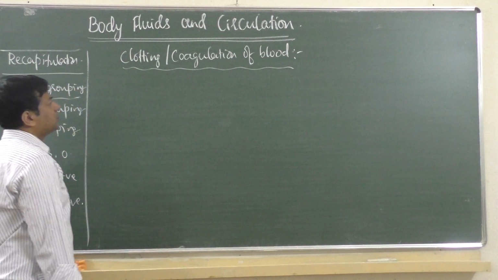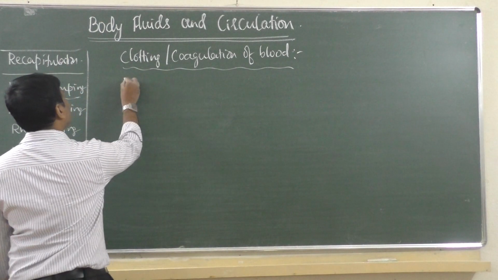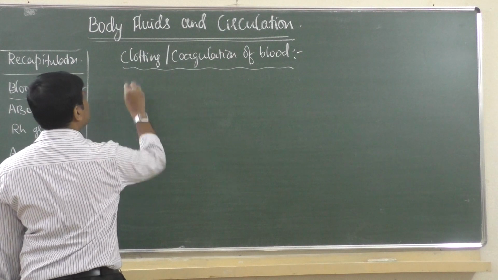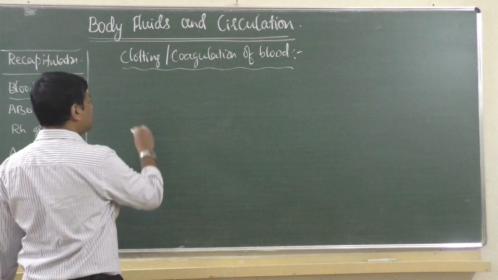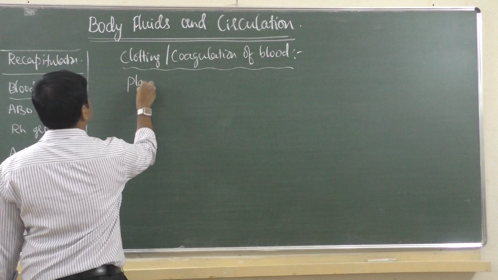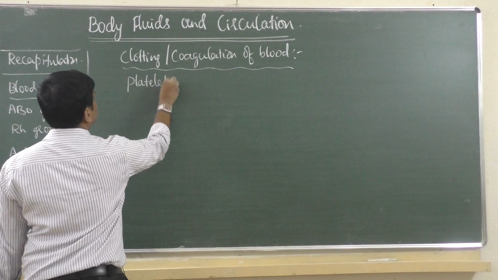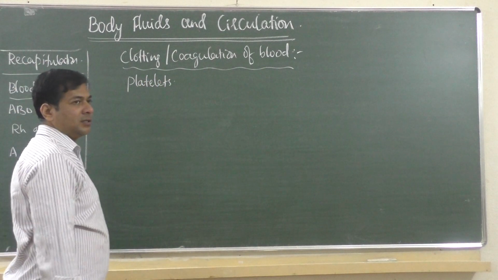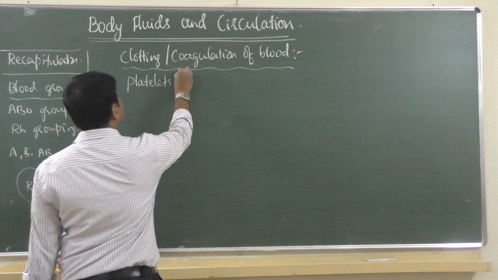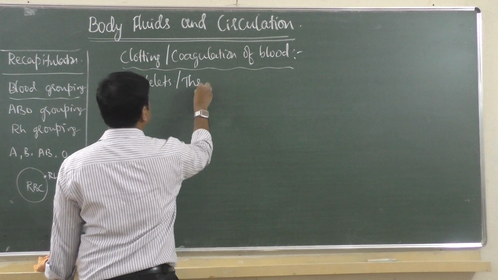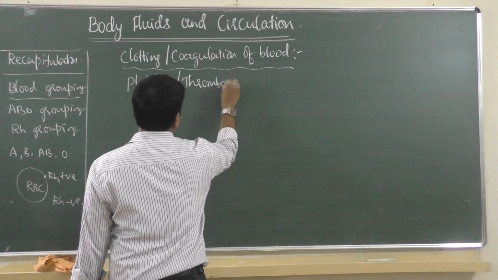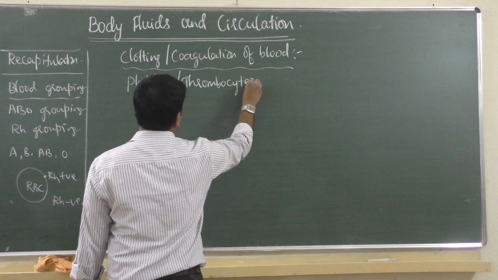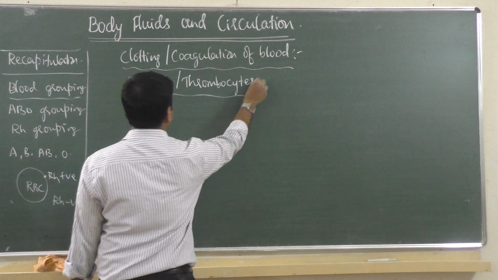So we know that for clotting of blood, one of the formed elements, a solid component, is required, that is platelets. Blood platelets are required. They are also called thrombocytes. Why they are called thrombocytes, you will come to know now. Thrombocytes are required.